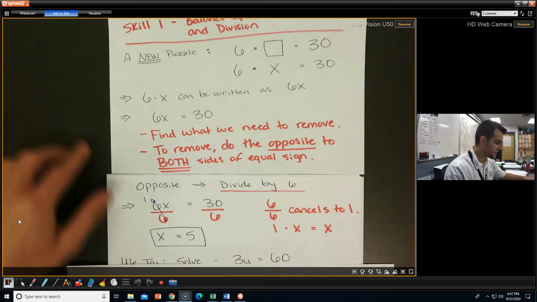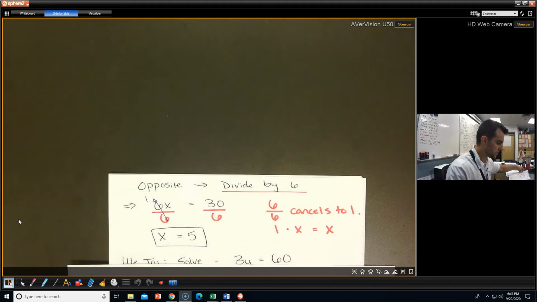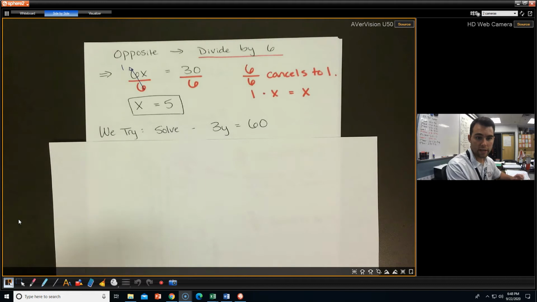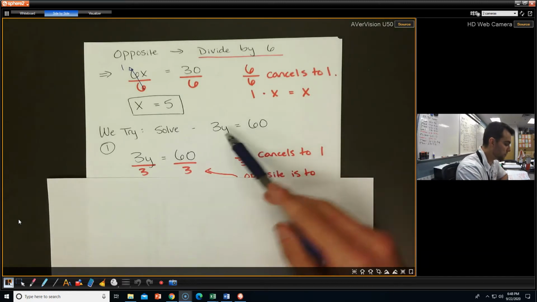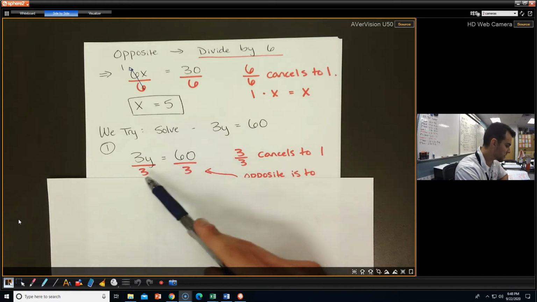Let's see it again. Let's see it with a different variable this time. So instead of x, we're going to use y this time. So we're going to actually solve 3y equals 60. So again, the opposite of multiplying by 3 is to divide by 3. We're going to divide both sides by 3.